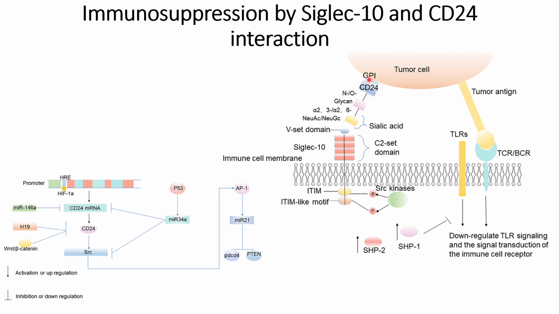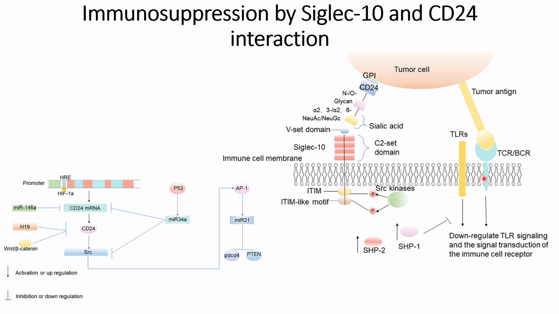So this sialic acid of CD24, when it interacts with the Siglec-10 receptors of the immune cells, will trigger ITIM, or immunosuppression, through phosphorylation signaling within the immune cells, and because of this it will lead to the upregulation of SHP2 and SHP1, and that will finally downregulate TLR signaling and reduce the signaling of the immune cell receptors.